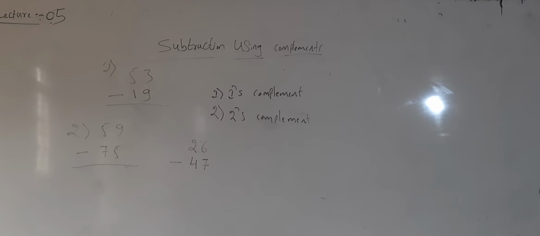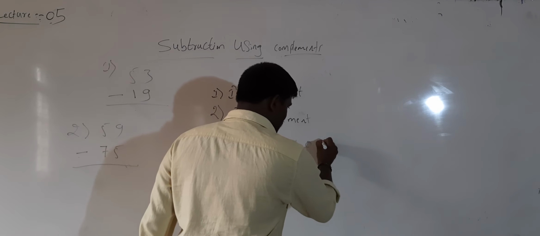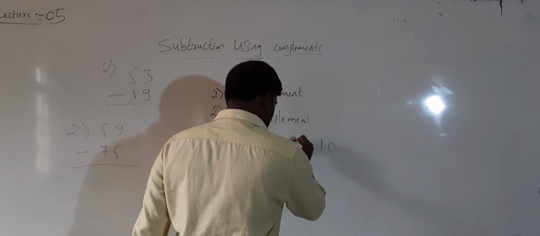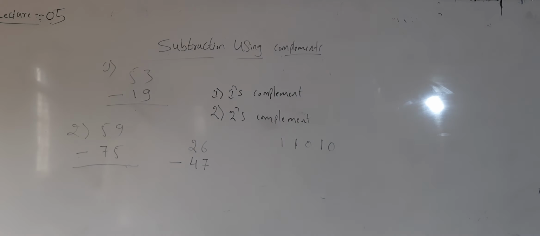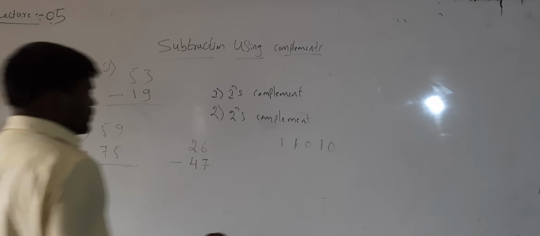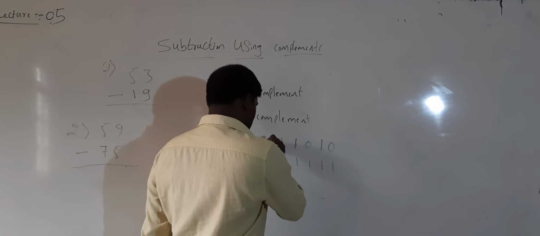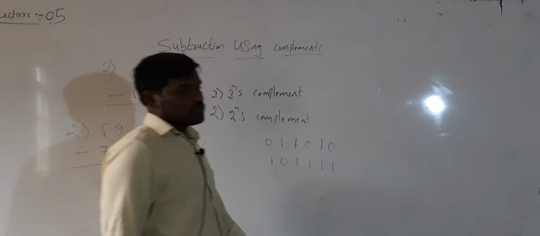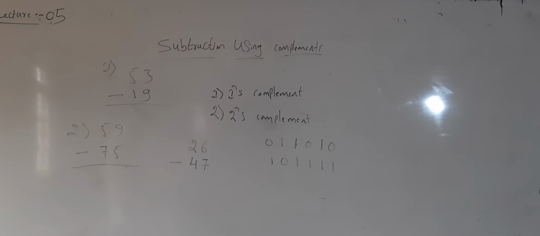So 26 in binary is 1, 1, 0, 1, 0. 47 in binary is 1, 0, 1, 1, 1, 1. So directly I have written 26 and 47.